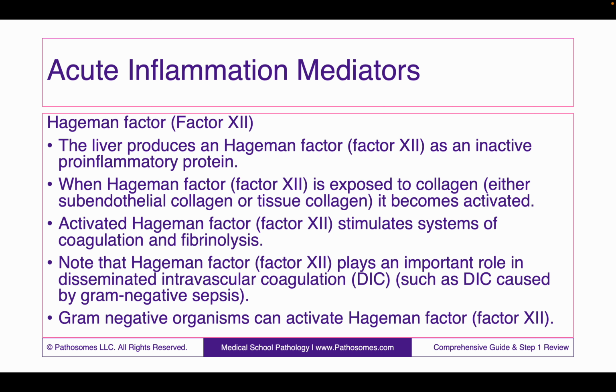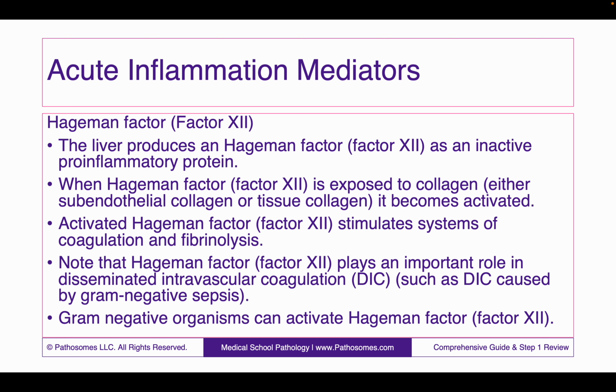Hageman factor, also known as factor 12, is produced in the liver as an inactive pro-inflammatory protein. When Hageman factor is exposed to collagen, either subendothelial collagen or tissue collagen, it becomes activated. Activated Hageman factor stimulates systems of coagulation and fibrinolysis.